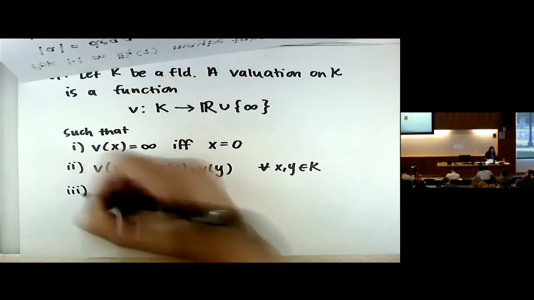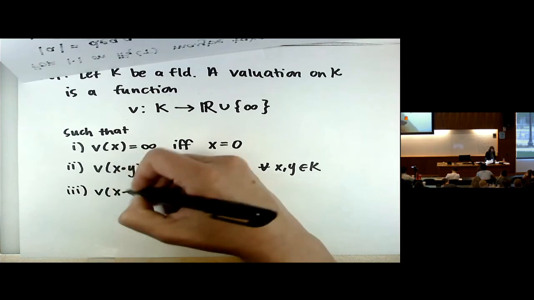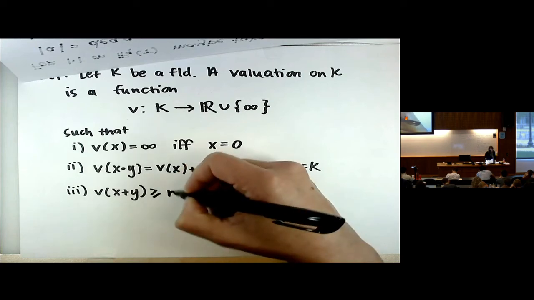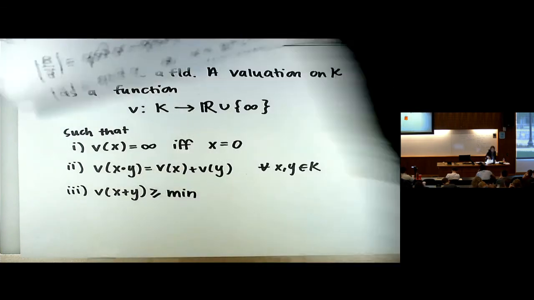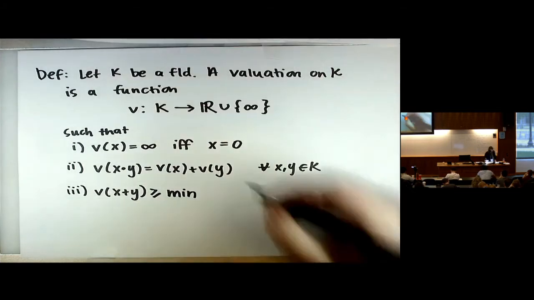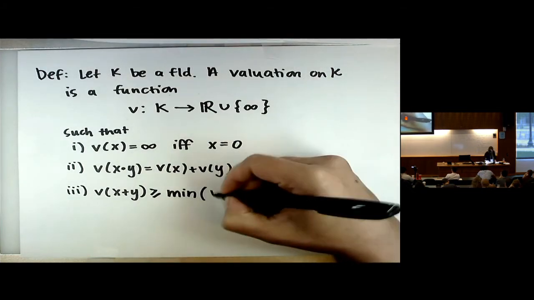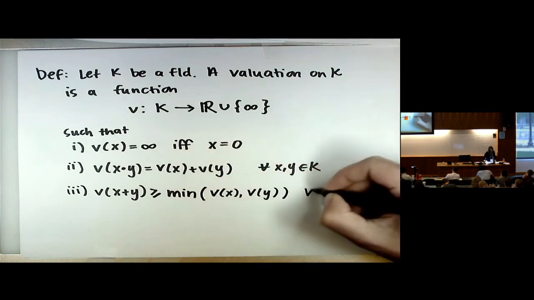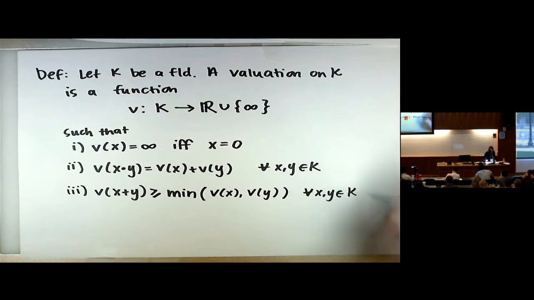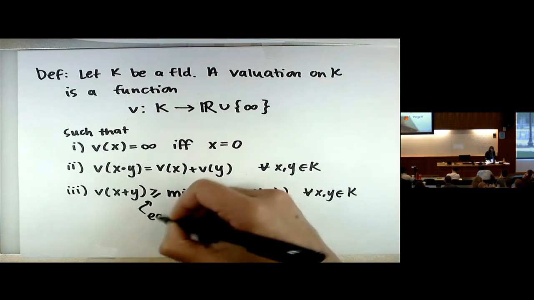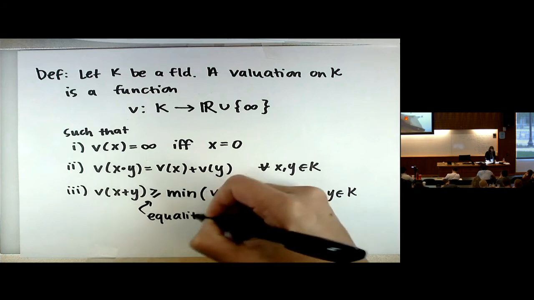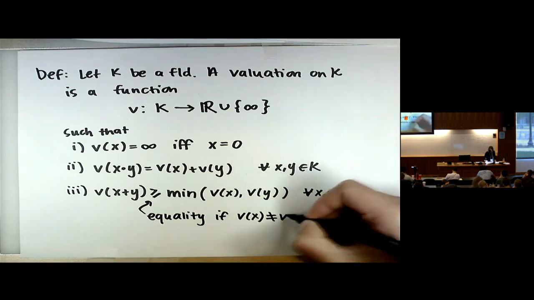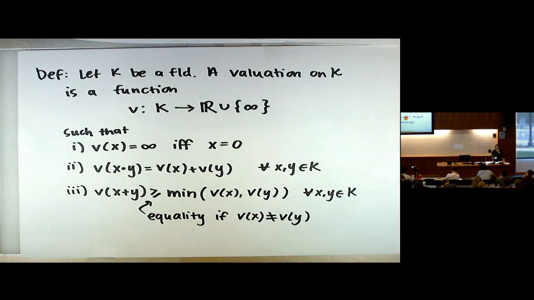And then the valuation of x plus y, that's a little weird, but I want that to be greater than or equal to the minimum of the valuation of x and the valuation of y for all x, y in K. And I want equality here if the valuation of x is not equal to the valuation of y.